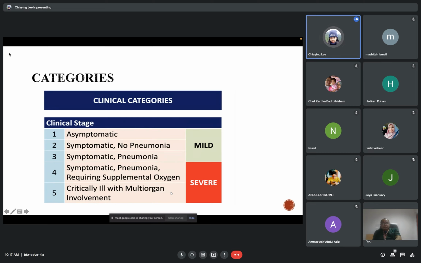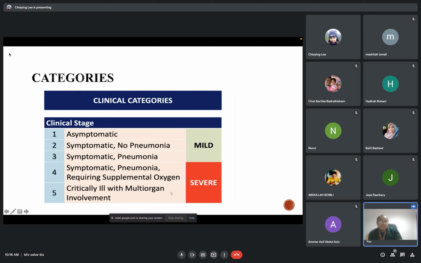Third one is symptomatic pneumonia. So the first 3 groups we consider as relatively mild disease. The fourth is the one with symptomatic pneumonia which requires supplemental oxygen. And the last one is those who are critically ill with multi-organ involvement.